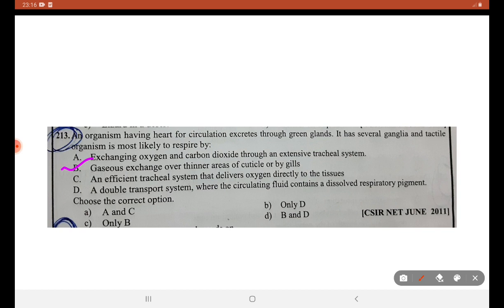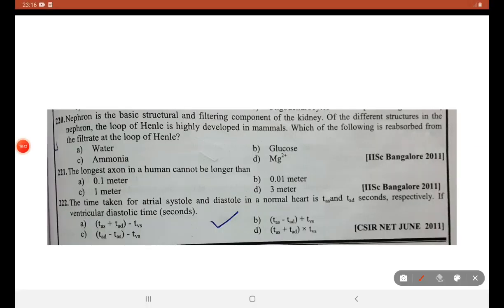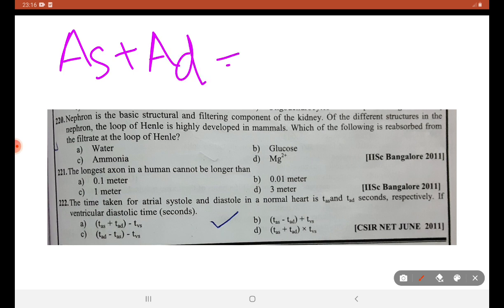So for this 2 and 3 question, C is the correct answer. And the question from atrial systole and diastole, we made it clear that atrial systole plus atrial diastole is equal to ventricular systole plus ventricular diastole.